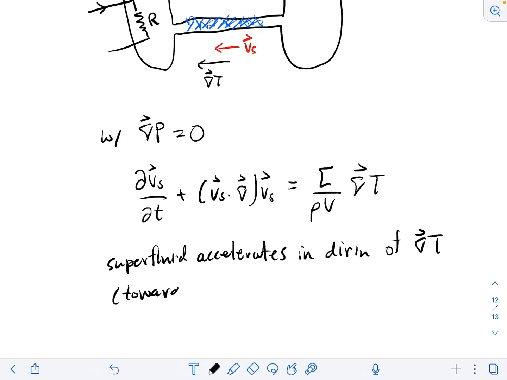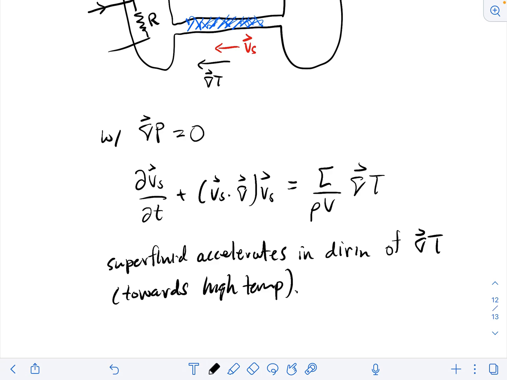So remember, there's another law of thermodynamics which says that heat should not flow from a cool temperature to a warmer temperature. Entropy is related to heat, dq is TdS, and so that's one of the ways in which people determined that the superfluid must not carry any entropy.